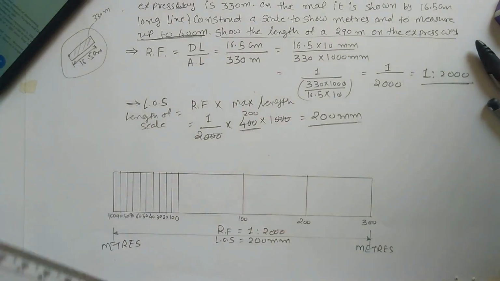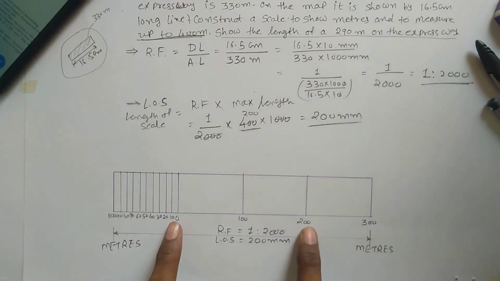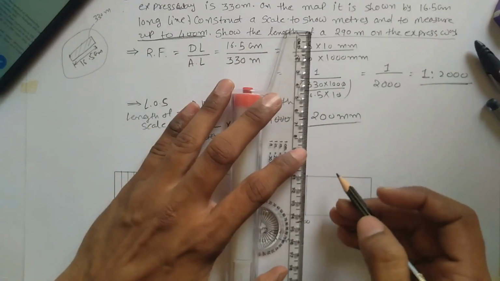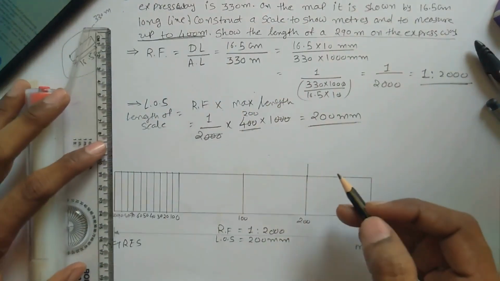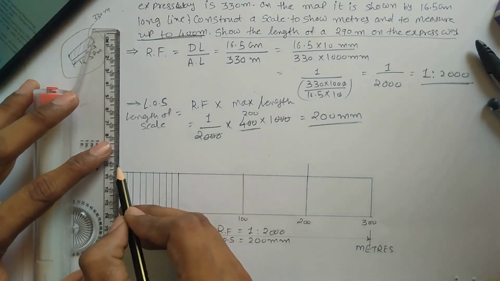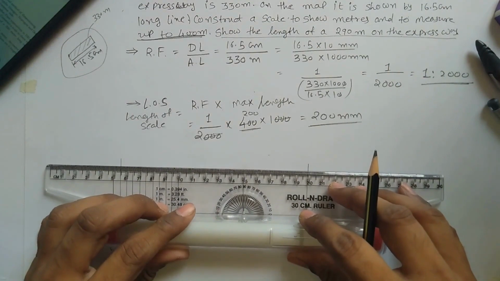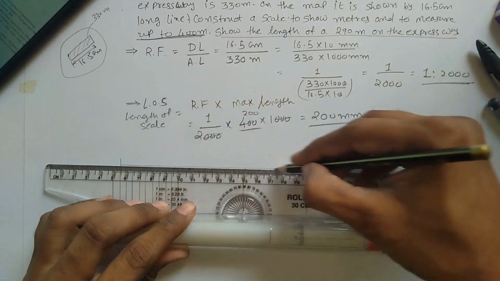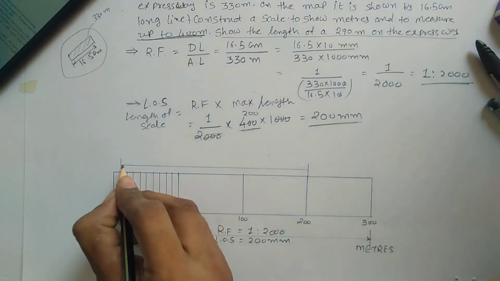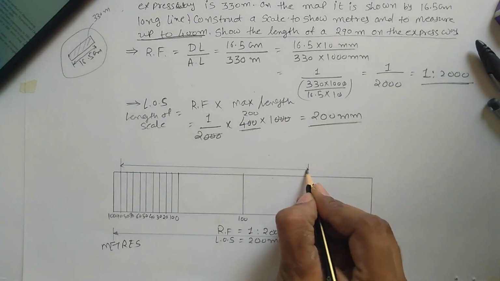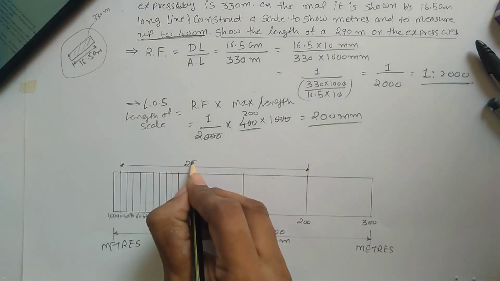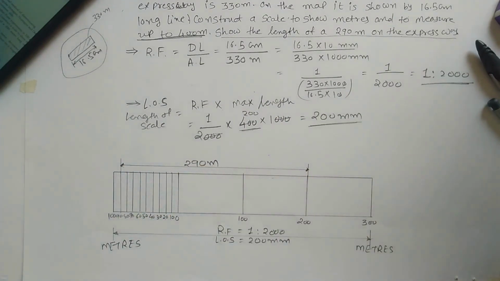So 290 meter, that means 200 and 90 from this side. So extend this line 200 and extend the line from 9, and this distance is your 290 meter. So this is your answer for this problem.